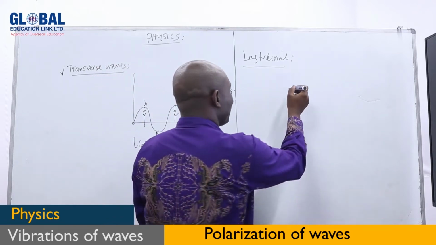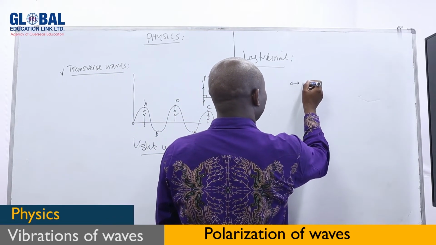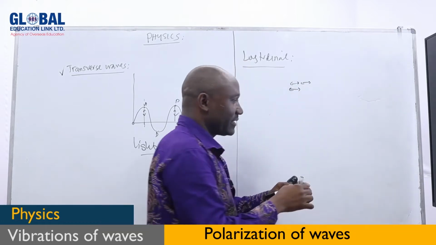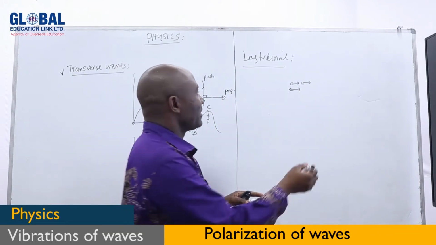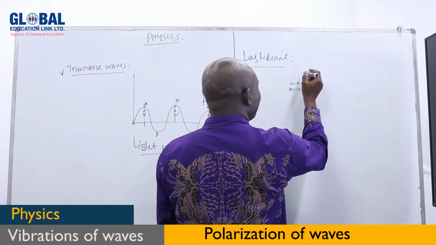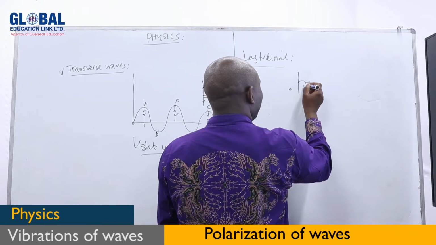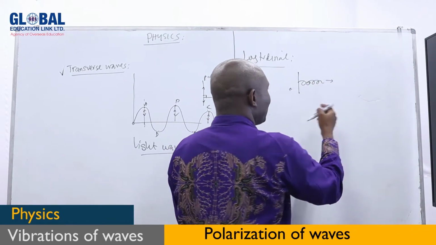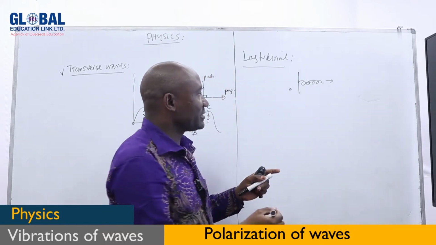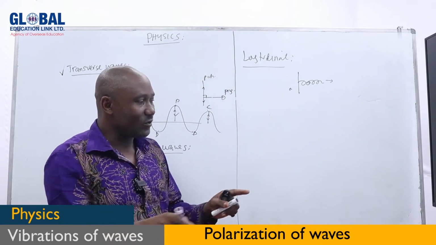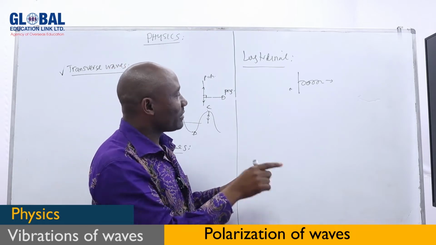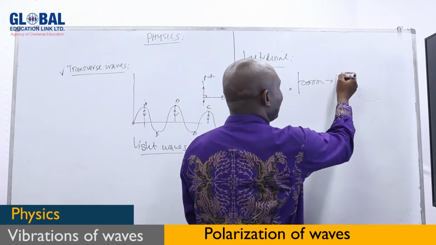You can see this if the waves are moving like that, like a spring. You may have a spring attached here, and when you stretch it, I'm talking of horizontal, the particles are moving horizontally, and you can see the direction here.